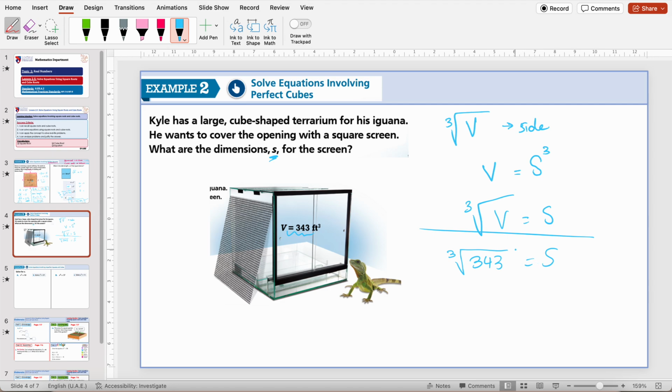Now you need to think about it. What number, if you multiply it by itself 3 times, because it's a cube root, so you need to think about the number if you multiply it by itself 3 times, okay?